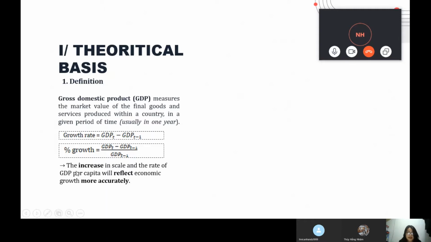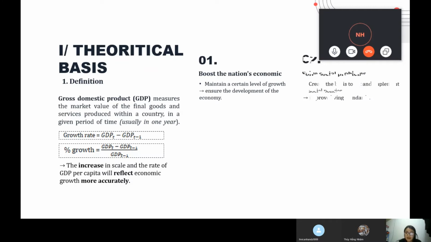And therefore, we can see that the increase in scale and the rate of GDP per capita will reflect economic growth more accurately. And then I will come to some functions of the GDP and why we use the GDP to measure the market values. Firstly, it can raise the nation's economy by maintaining a certain level of growth and therefore can ensure the development of the economy.